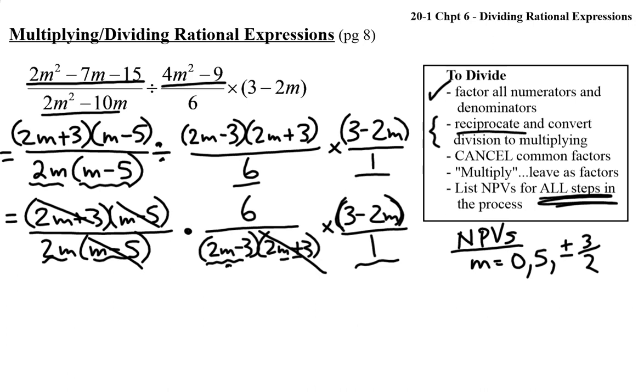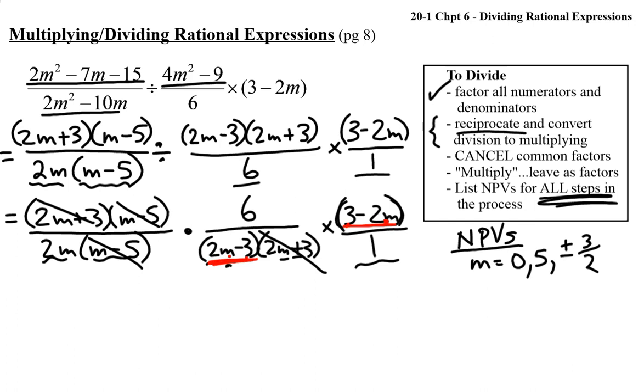Now, something that I hope you recognize, here we have a 2m minus 3 and a 3 minus 2m. Almost the right stuff. 2m positive negative 3. Negative 2m positive 3. How do I make it so I have the right things?